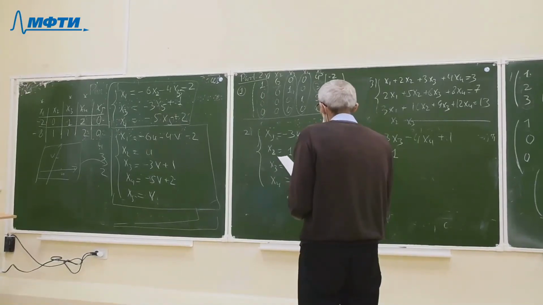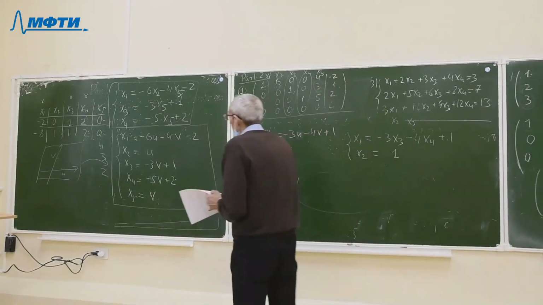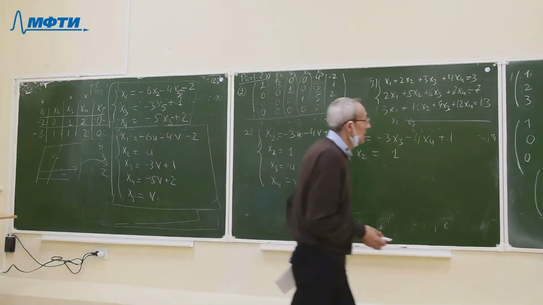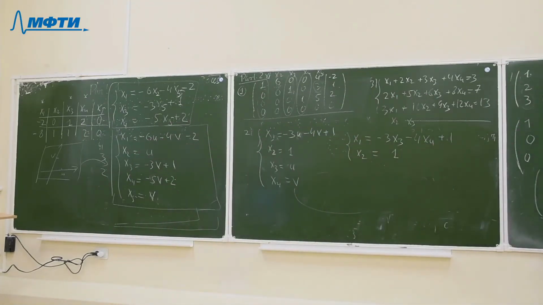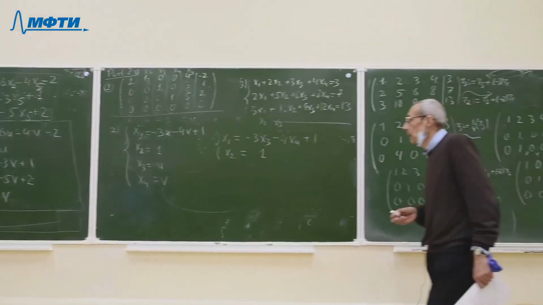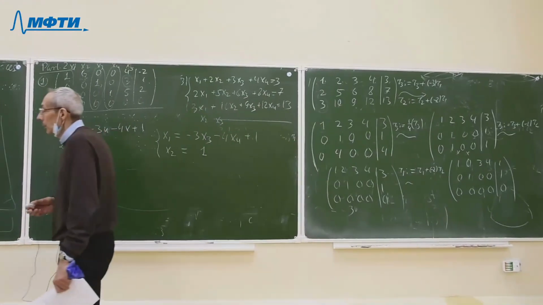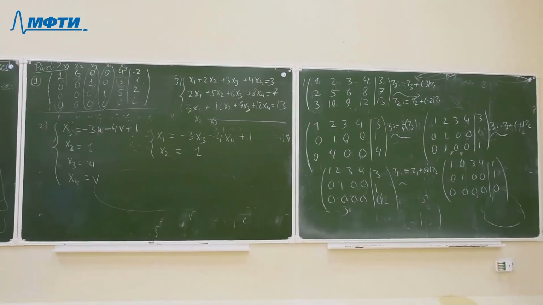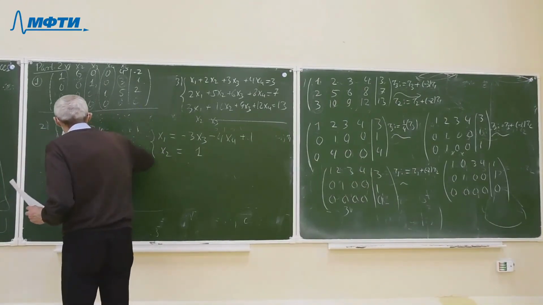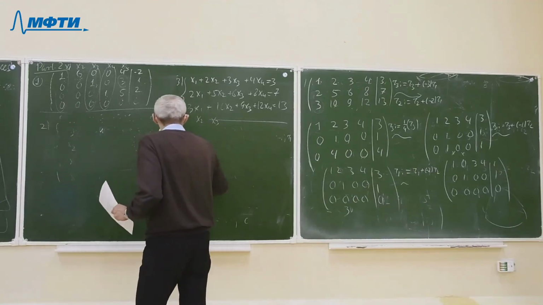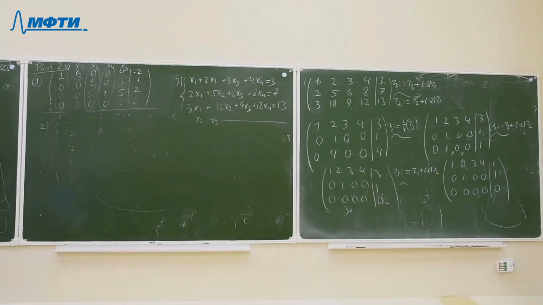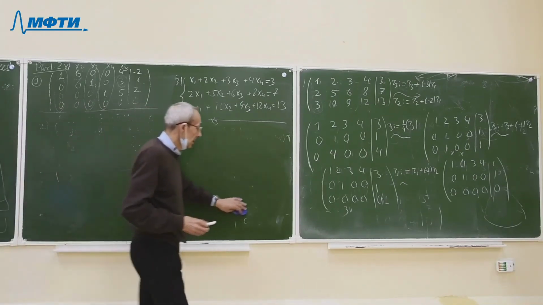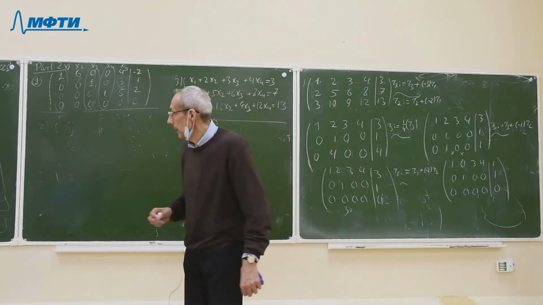In my opinion, an interesting enough example. If the constant term in the linear system is equal to 0, such a linear system is called a homogeneous linear system. In this case, the solutions of such a homogeneous linear system have an important property.